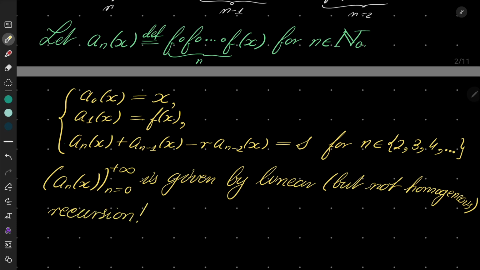What do I mean by not homogeneous? Well, s may not be 0. It can't be 0, in fact, because it's f of 1.